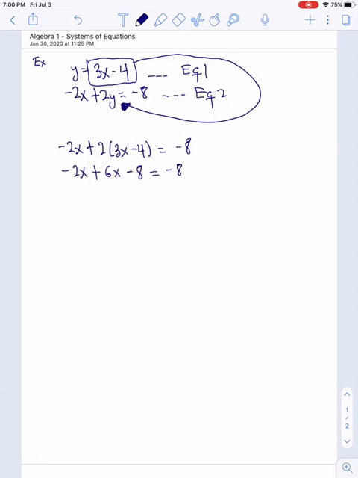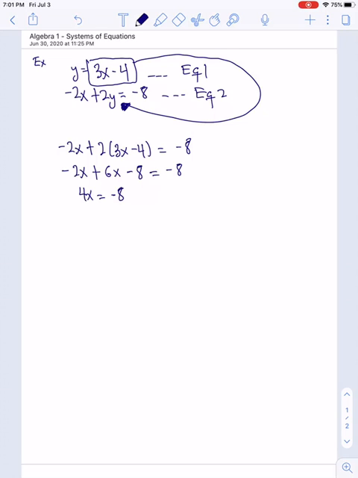Now we're going to group like terms. So negative 2x and positive 6x are like terms, so we can add them together. So negative 2x plus 6x will be a positive 4x equals, now we're going to bring this negative 8 to the other side of the equation. So it's going to be 4x equals negative 8.